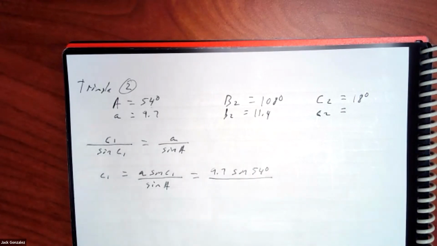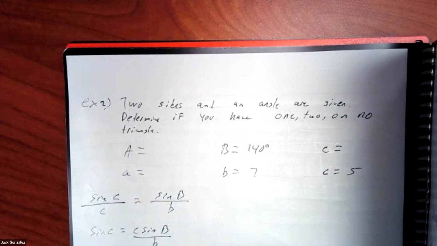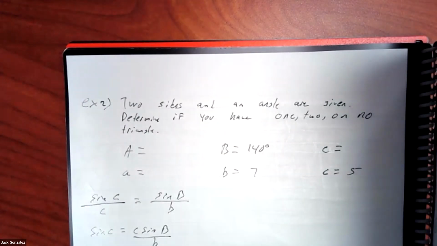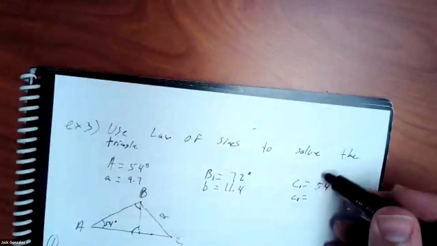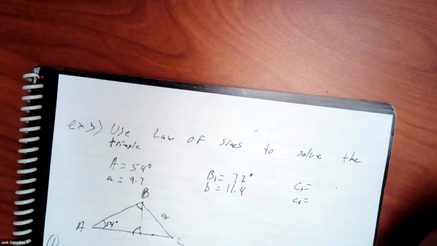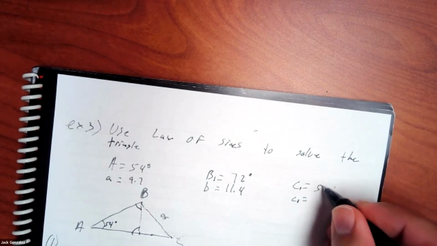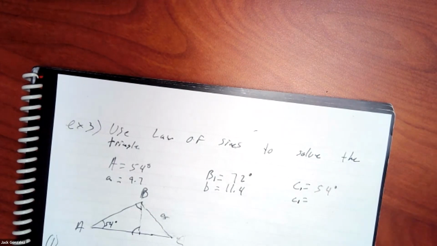Oh shit, that's not right. Wait, is it? Oh, I see. I made a mistake. This should be 18. I don't know why I put 54. Right, 50 is 180 minus 72 minus 54. Oh yeah, it is 54. Oh, it just happened to be the same. Sorry.